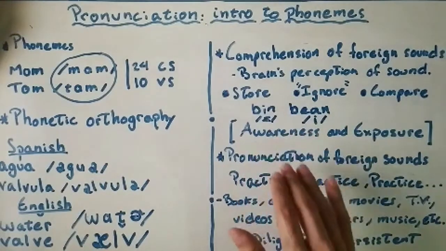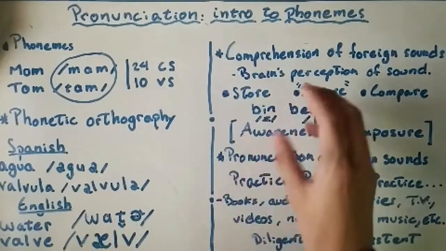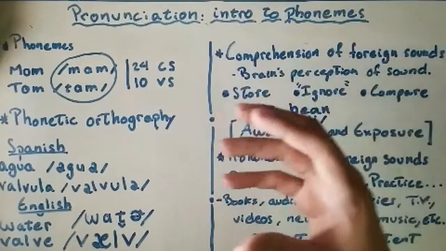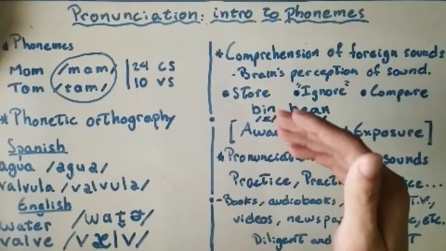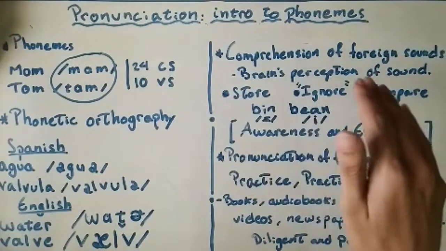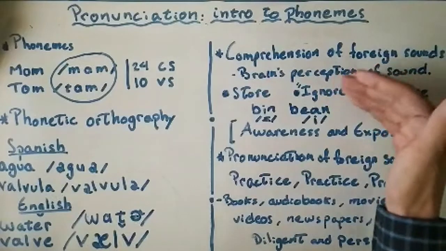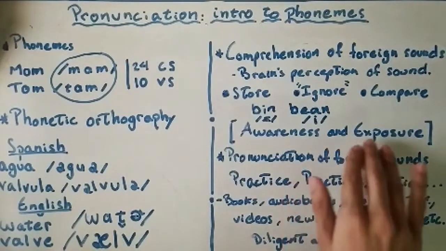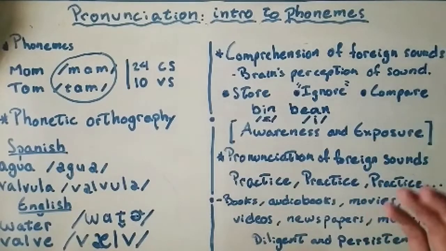So it's all about awareness, recognizing that these sounds are different, and that it's just your brain trying to trick you into making it more simple. And the other way, okay, is exposure.